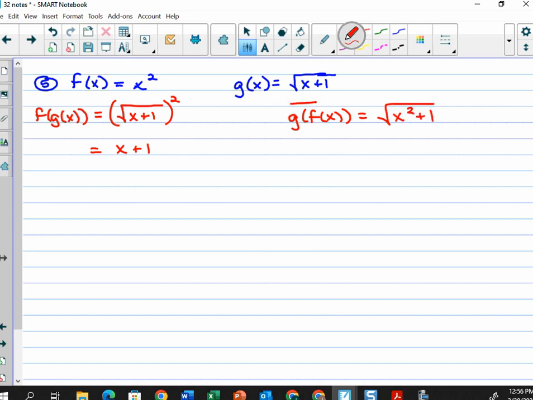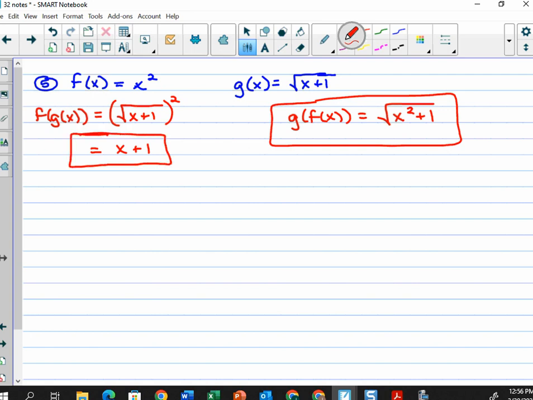Domain's the hard part. Does this give us any restrictions?